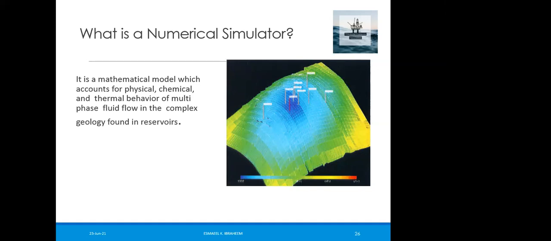As you may see from this photograph of one reservoir, this is the mathematical model of the reservoir showing you the saturation of, for example, water in the reservoir after depletion, and showing you the wells that were drilled in this reservoir. Down there is the scale of saturation.